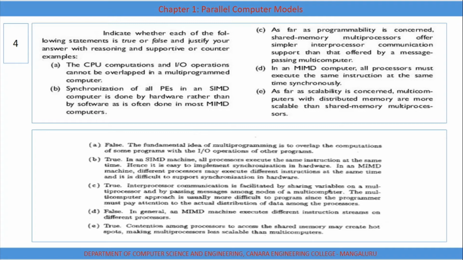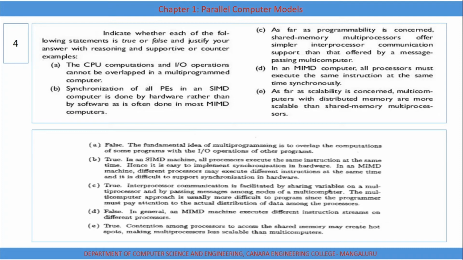In an SIMD machine, all processors execute the same instruction at the same time. Hence, it is easy to implement synchronization in hardware. In an MIMD machine, different processors may execute different instructions at the same time, and it is difficult to support synchronization in hardware.